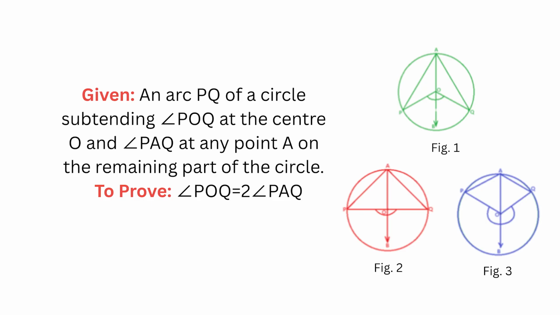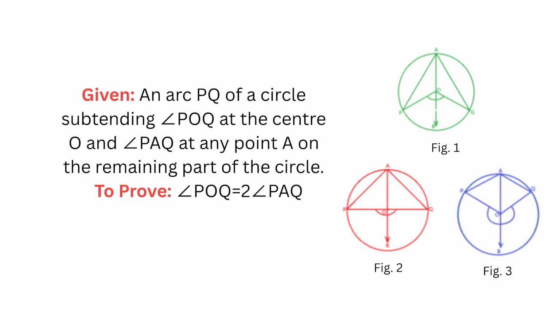Once more, listen carefully and try to point out an arc PQ of a circle subtending angle POQ at the center O and PAQ at any point A on the remaining part of the circle. So what to prove? Angle POQ is twice angle PAQ. This is the objective of the theorem.